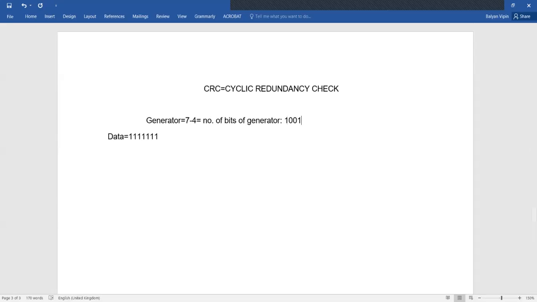First of all, we need to decide what the CRC bits will be, that is, the information we are going to append to this data, so that this data will be received at the receiver without error or with a detectable error. So let's say we append this data by 3 bits.